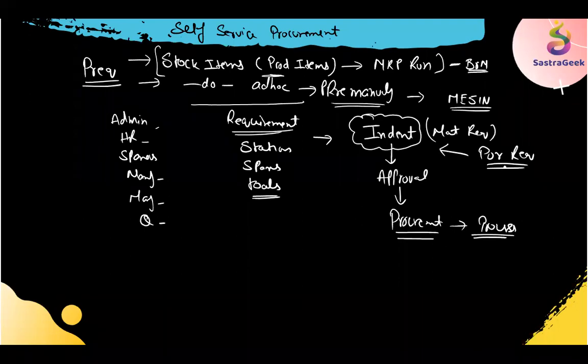Now the problem with this purchase requisition is that the ME51N transaction is almost similar to the ME21N transaction, with so many fields. Many times the indent is first prepared by laymen working on the shop floors. They require some materials, such as a maintenance engineer or maintenance supervisor who wants some tools.